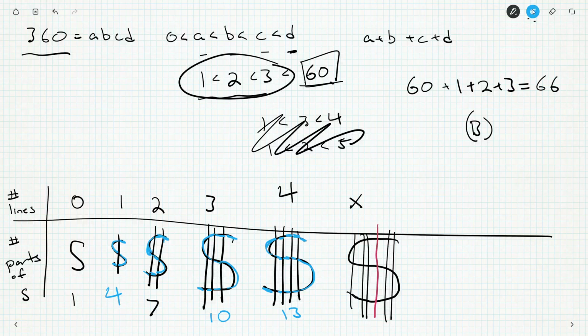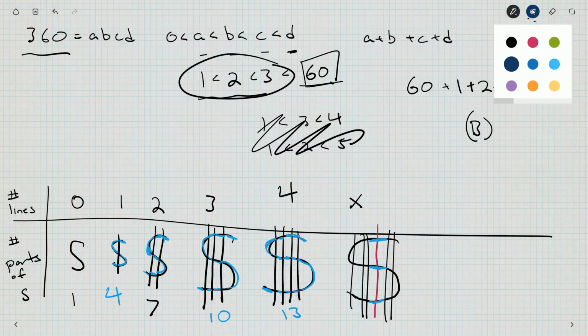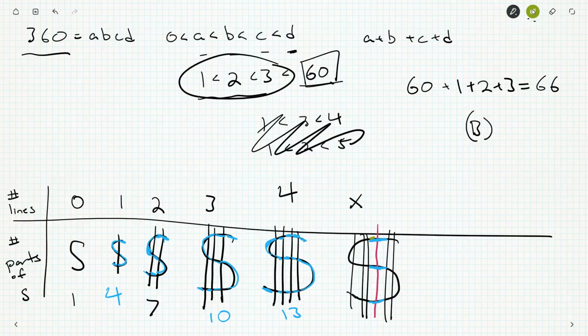Well, these 3 segments have now been split into 2 each. 1, 2, 3, 4, 5, 6.